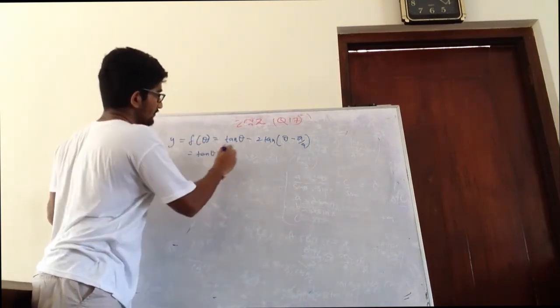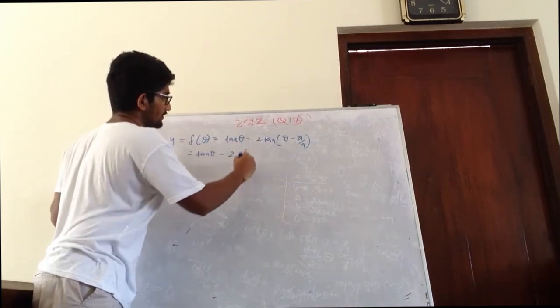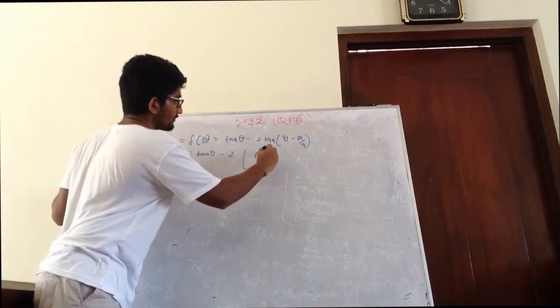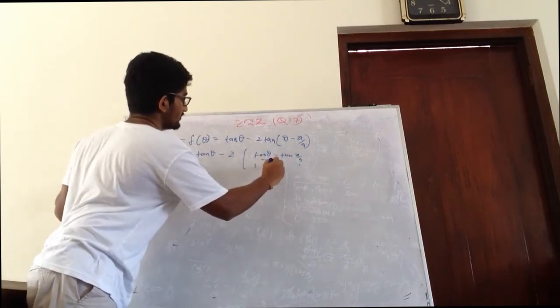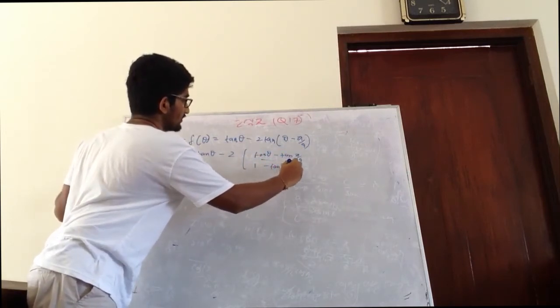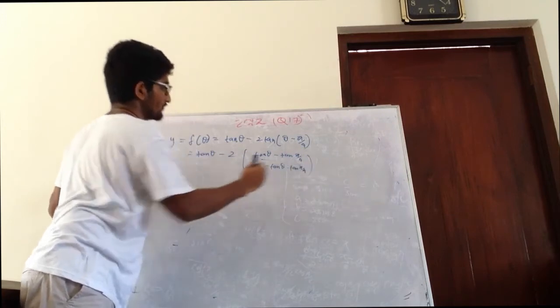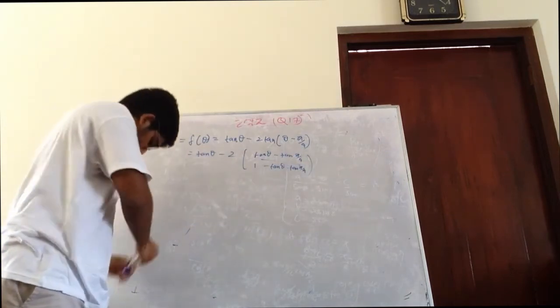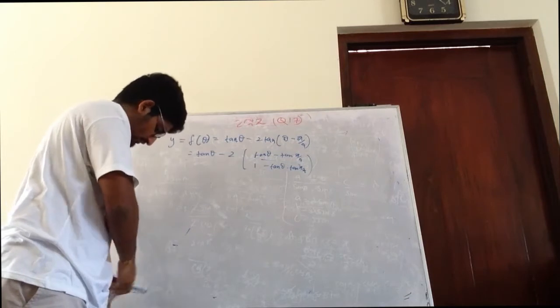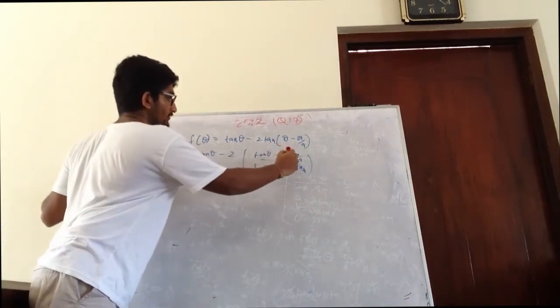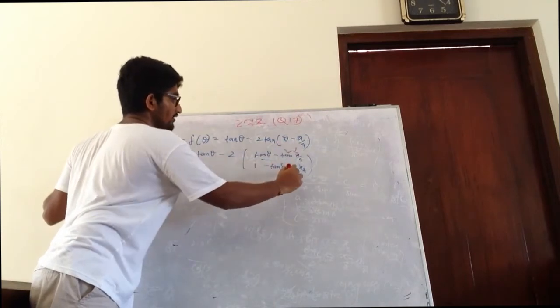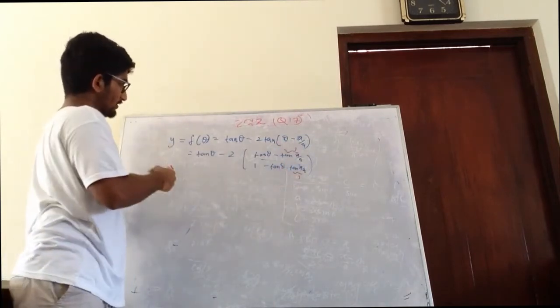That means 2 times (tan theta minus tan pi/4) over (1 minus tan theta tan pi/4). So what is tan pi/4? That means tan 45, which is basically 1.